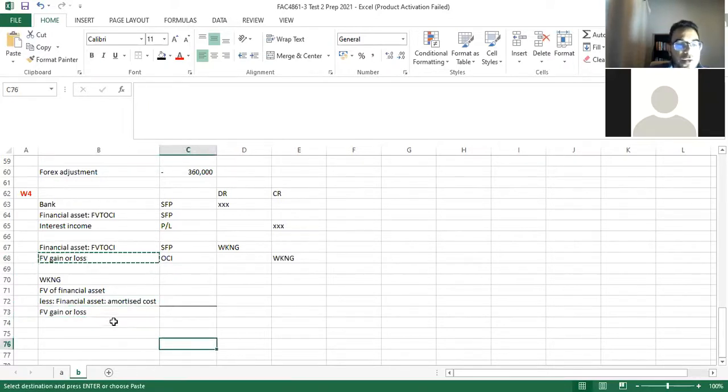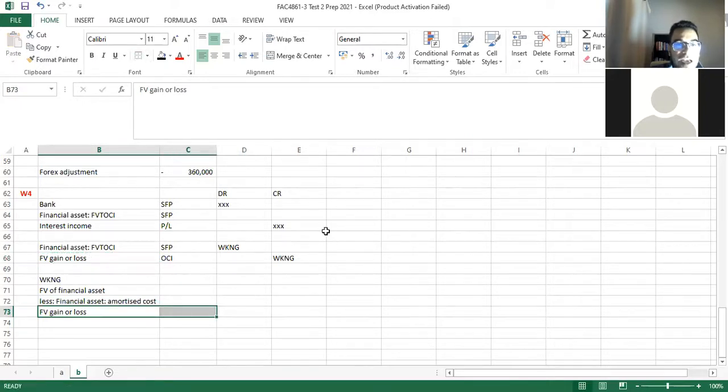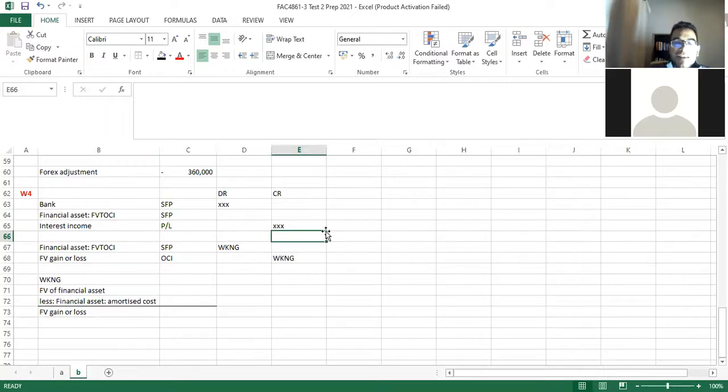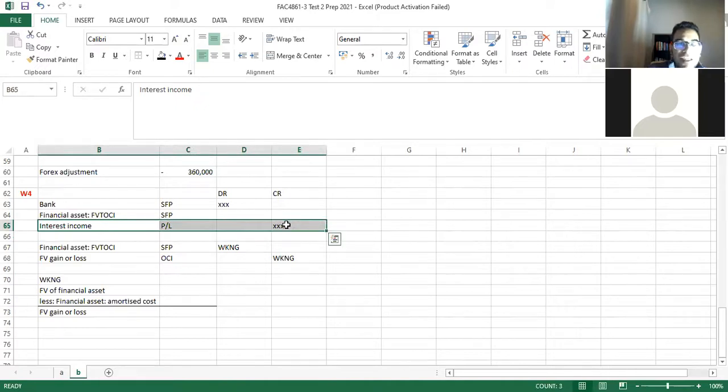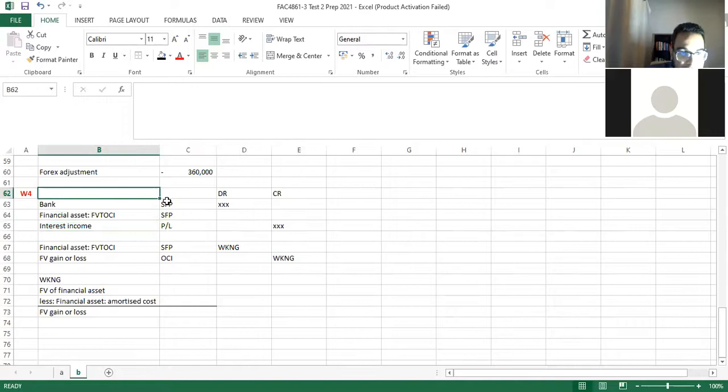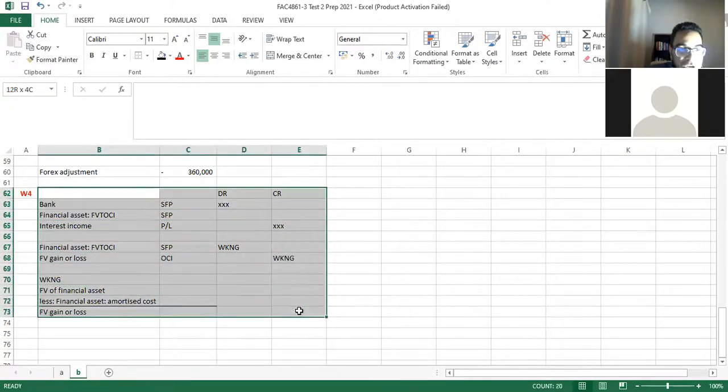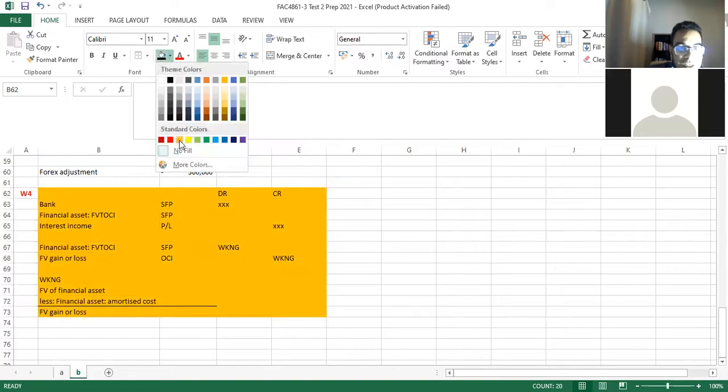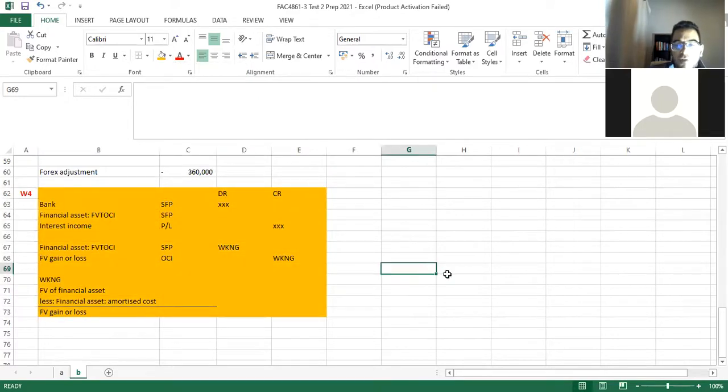So that is how you will deal with this journal entry. So what are we interested in? We are interested in that line item because it is that line item that is going to impact profit or loss. So I'm just going to highlight this in orange because this is just by the way. That is just by the way, it's not part of the question.